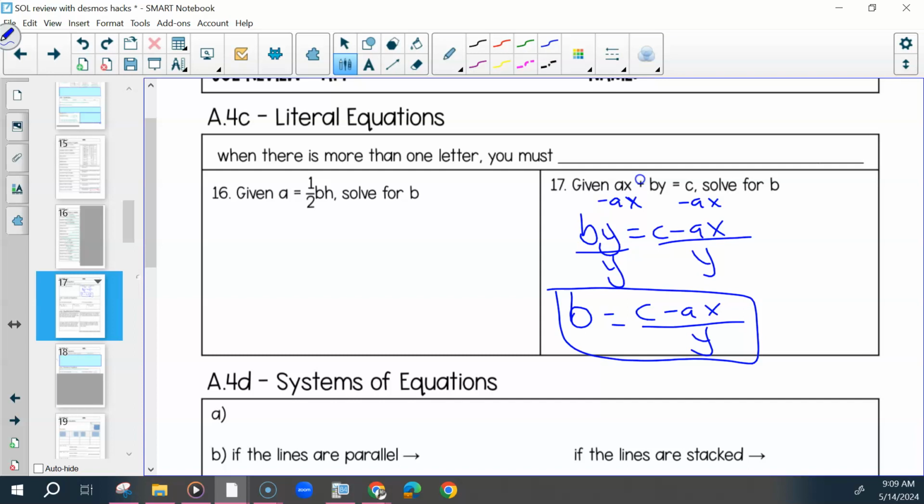If it had a y next to it, and that would be simplified, I could divide that separately. What other questions do you have?